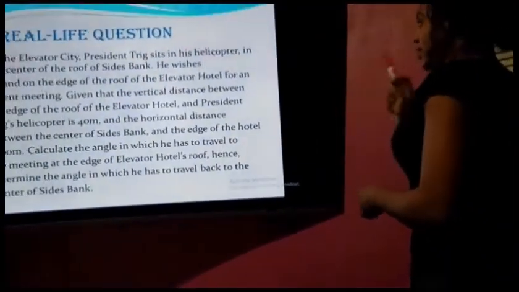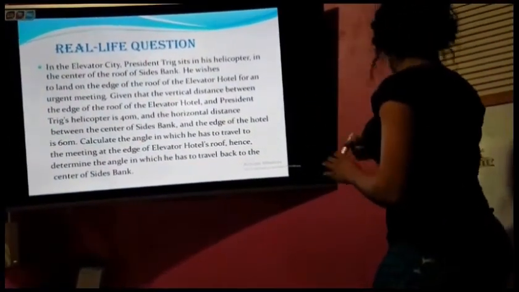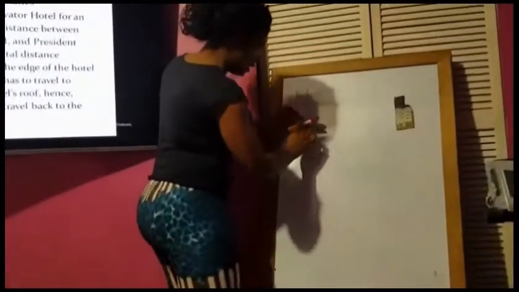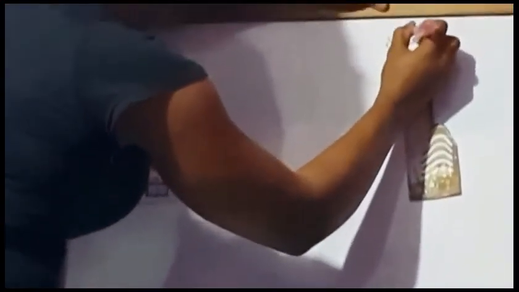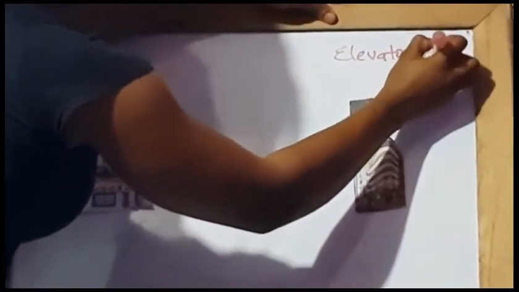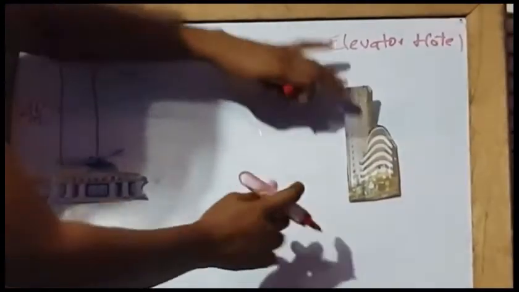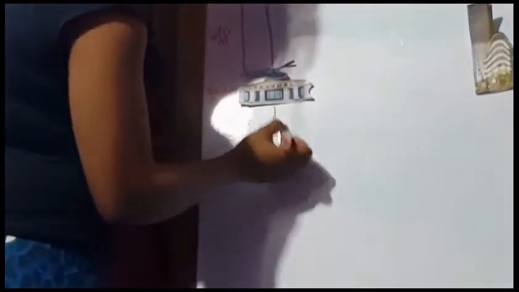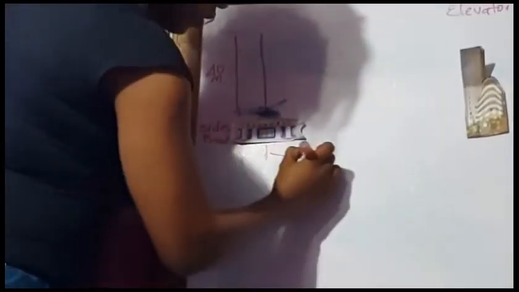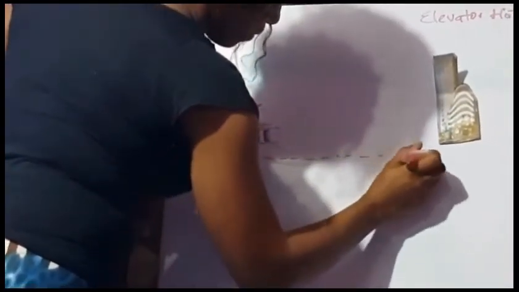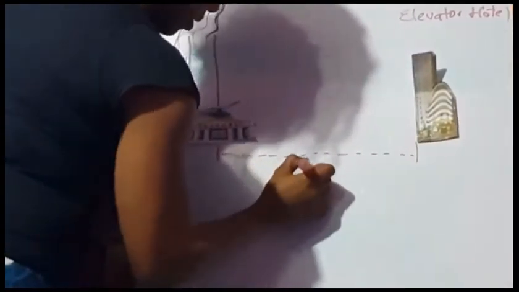And the horizontal distance between the center of Sides Bank and the edge of the hotel is 60 meters. So this is the elevator hotel. You guys are seeing the board? From the center of Sides Bank to the elevator hotel at the edge is 60 meters.